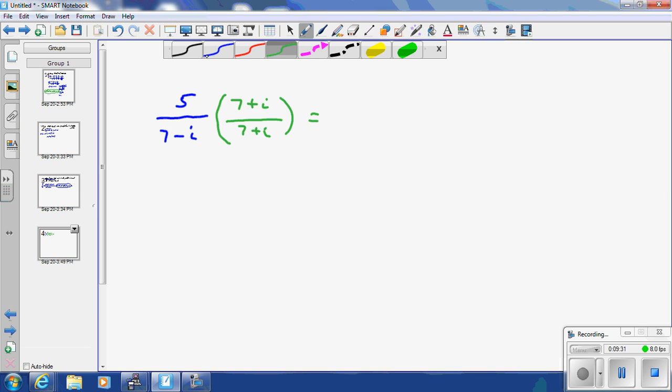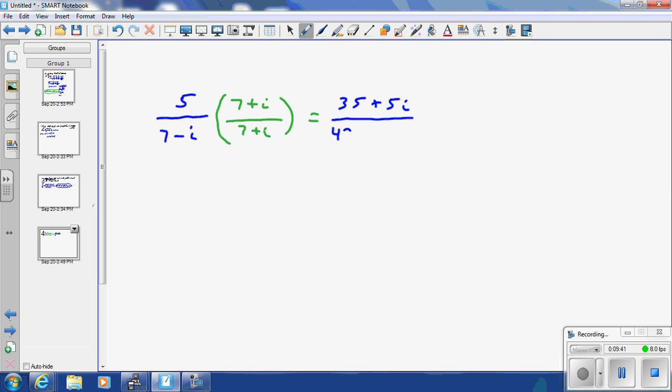So now, when I multiply this out, 5 times 7, 35 plus 5i. On the bottom, 7 times 7 is 49. Now the outer product, 7i, and the inner product are going to cancel because they're conjugates. And then I have negative i times i, which is negative i squared.